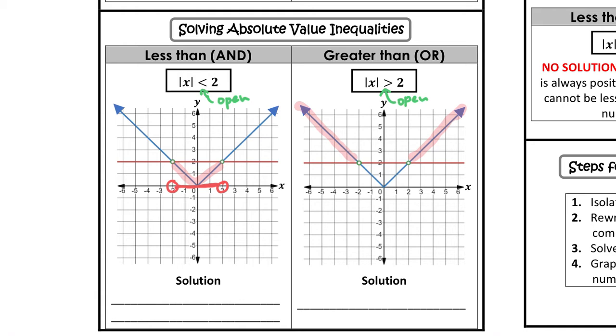But if it's only that part of the graph here, what is that as far as the domain goes, the x values? It's going to go open here, and I'm going to shade this way, and then open at positive 2, and then shading everything over here.